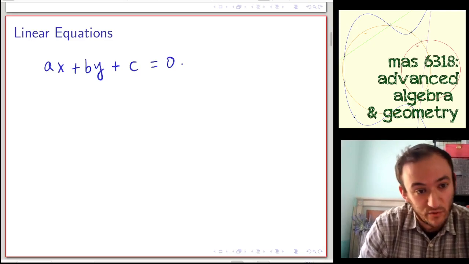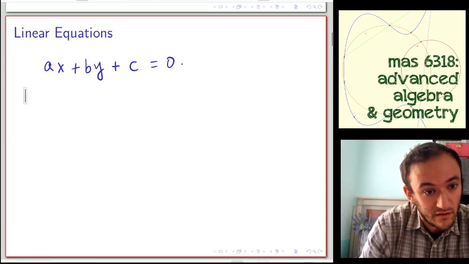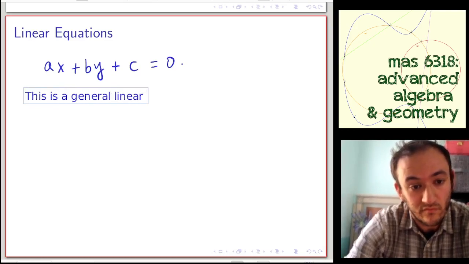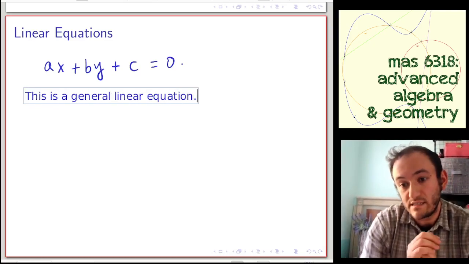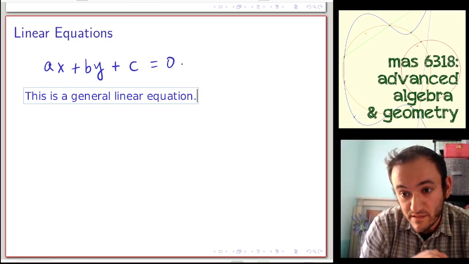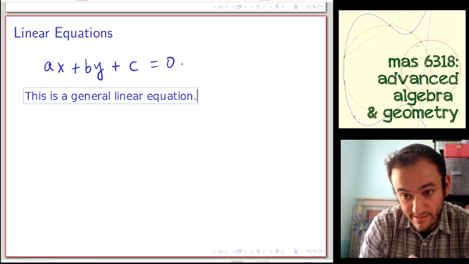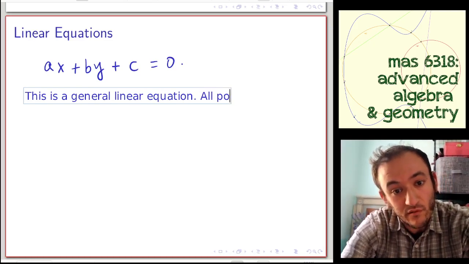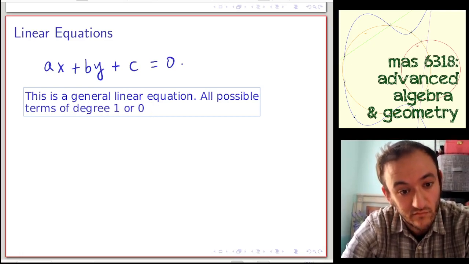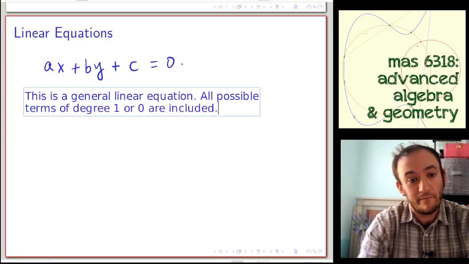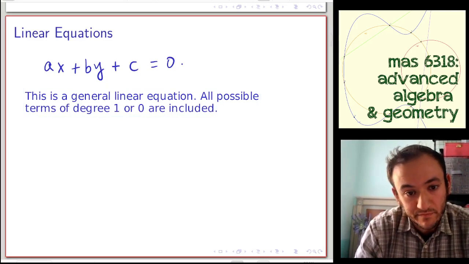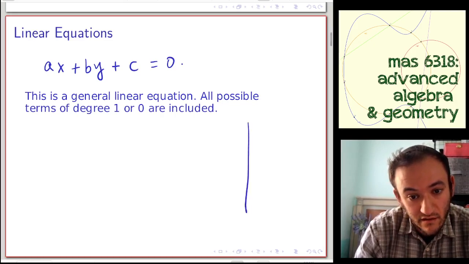This is a general linear form, and it's general because we are allowing all possible terms that have degree 1 or degree 0. This equation very simply defines a line, in the way that we're used to seeing it.